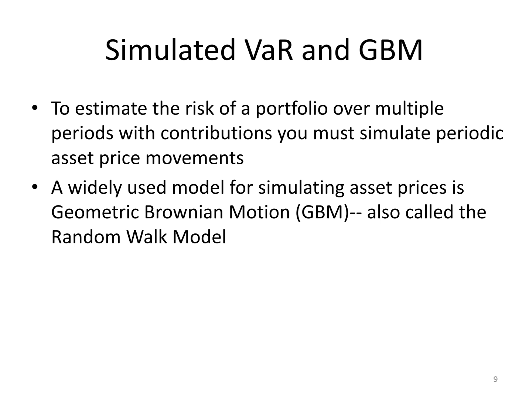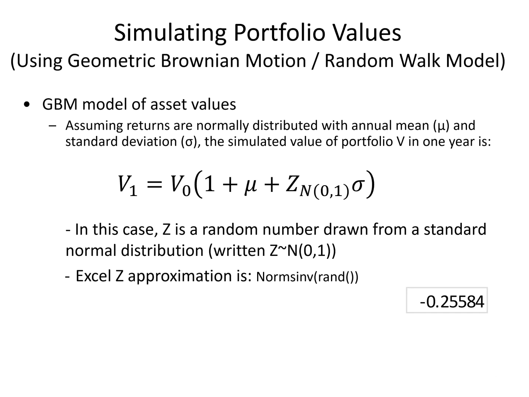A widely used model for simulating asset prices is the Geometric Brownian Motion Model, GBM, also called the Random Walk Model. This model says that the portfolio value next period, V1, is the portfolio value today times 1 plus the expected return plus a random z times the standard deviation.